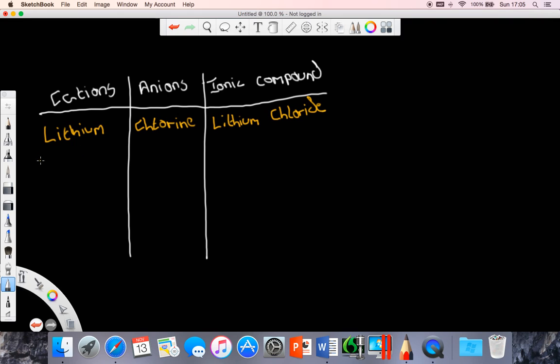Now if our cation is sodium and our anion is bromine, again another group 7 atom, sodium and bromine would join together to form the ionic compound sodium bromide.